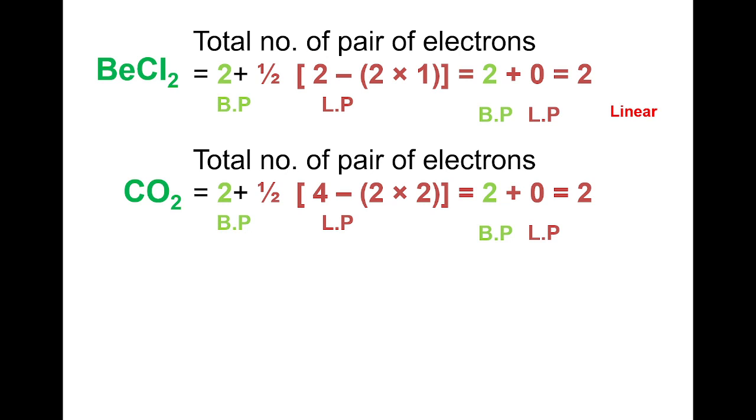So 2 plus 0, the bond pair is 2 and the lone pair is 0. The shape of the molecule will be linear, carbon dioxide linear.